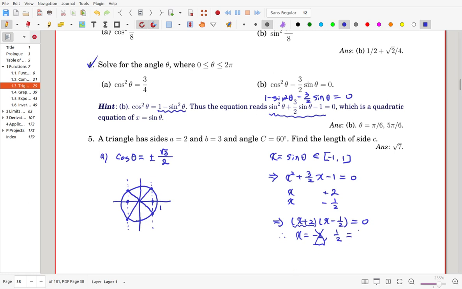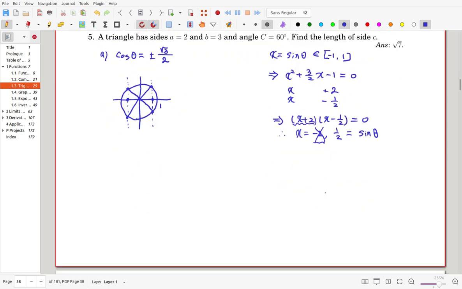That is the same as sine theta, so you have to find theta such that sine theta is half. Again, you can use the circle of radius 1, and sine is measuring the vertical component, so half will be around here, that way, so that you have this angle and this angle.